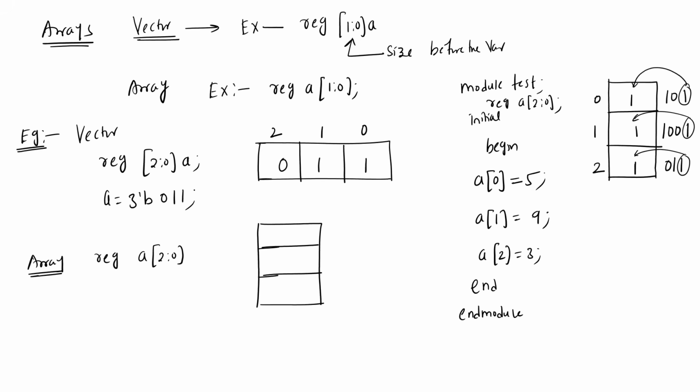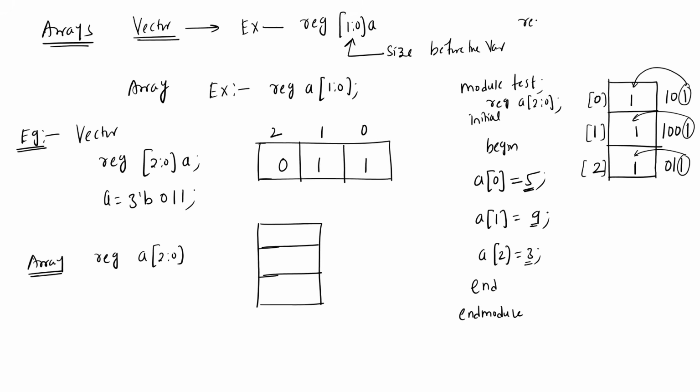But how does the compiler understand that it is 5, it is 9, or some other value? Actually here you have given 5, and 5 will internally be converted into binary only. A of 0 is actually the zeroth location. A of 1 is the first location. A of 2 is the second location.